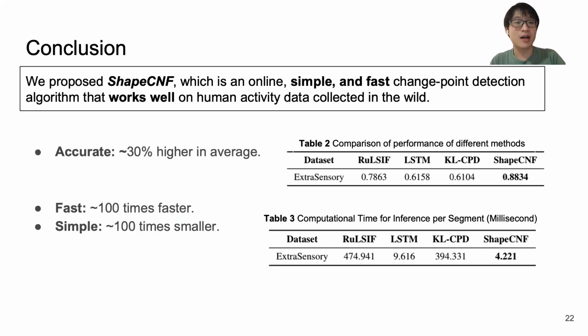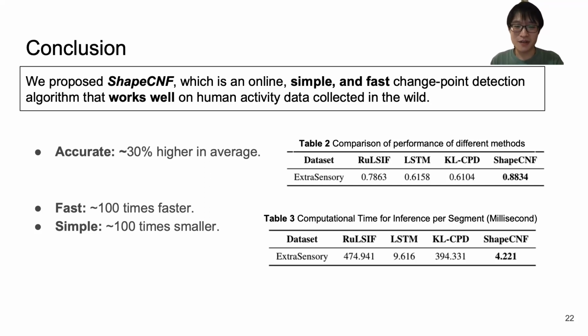So now, to sum up, we propose ShapeCF, which is a light, simple, and fast change point detection algorithm that works well on human activity data collected in the wild. And it is very accurate. It is about 30% higher on average when compared to the existing SOTA.